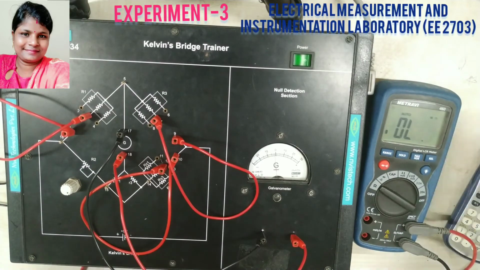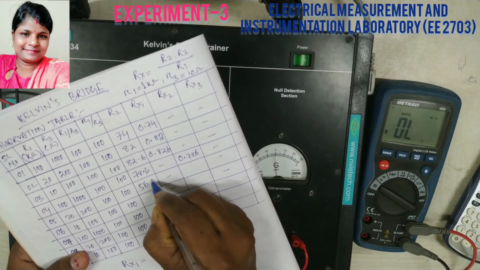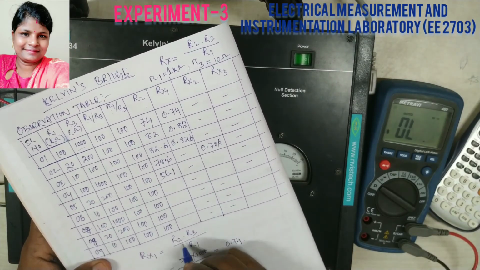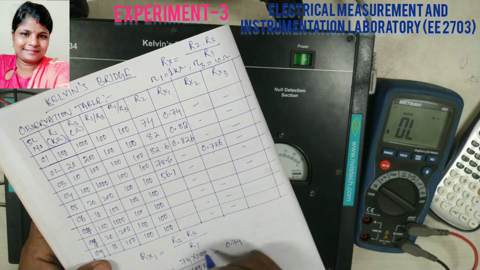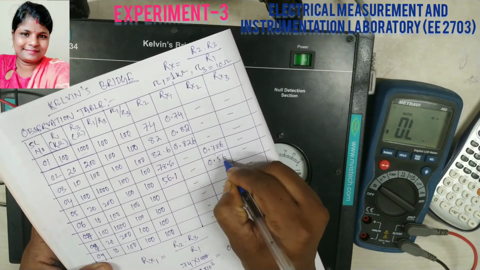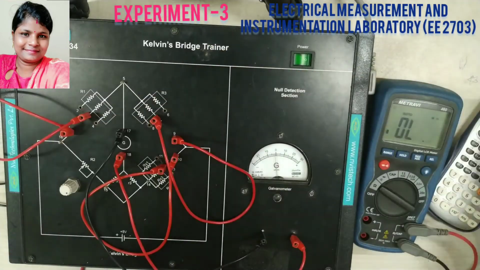So write here 56.1. So by calculating Rx2 using the formula R2 into R3 by R1, the value of Rx2 is 0.561. So let's do for the sixth row.